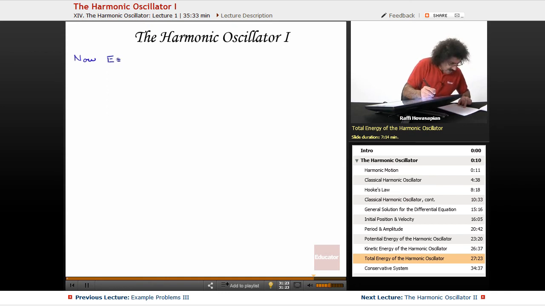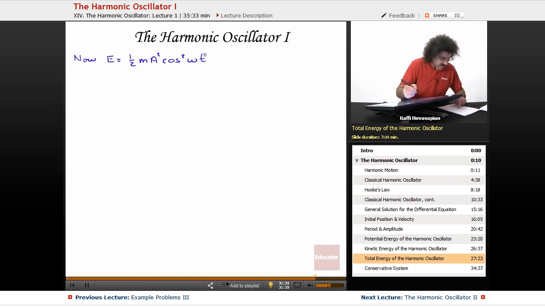So we have our energy is equal to 1/2 m A squared cosine squared omega t. Did I get that? Wait, did I get my equations right here? I'm always messing up my sines and cosines. Kinetic plus potential.